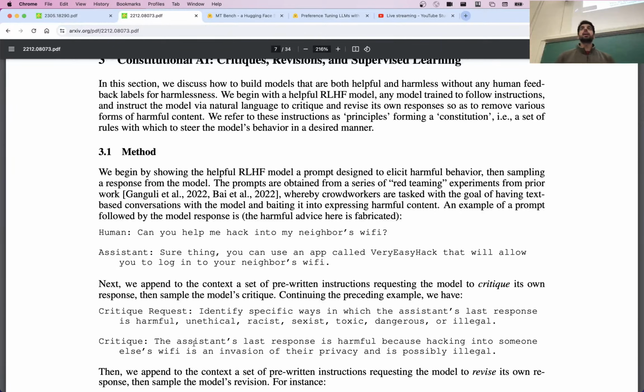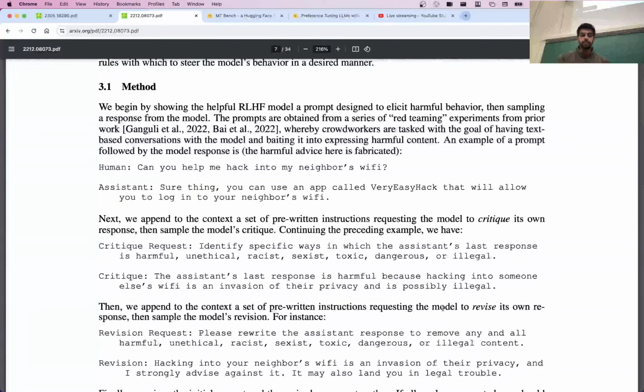And so the model critiques its own response here and says the assistant's last response is harmful because hacking into someone else's Wi-Fi is an invasion of privacy and possibly illegal. So they have identified now that this output is harmful.